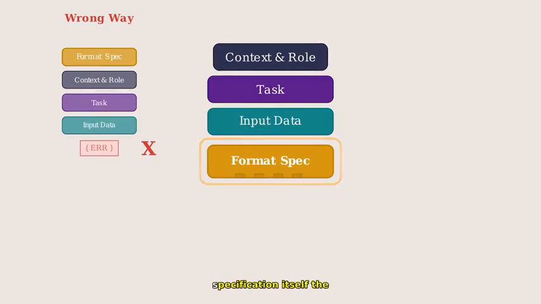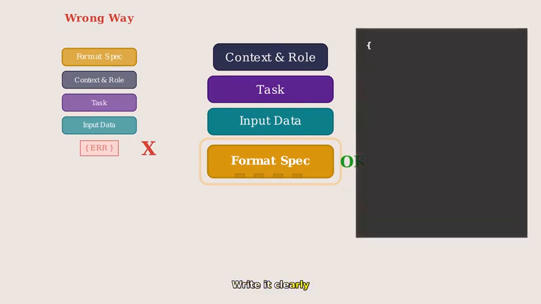Now, for the format specification itself, the rule is be specific enough that there is only one valid interpretation. Write it clearly is not a format specification. It's a preference. Format your response as a JSON object with exactly 3 keys: title, a string, summary, a string of 2 to 4 sentences, and key points, an array of exactly 5 strings.